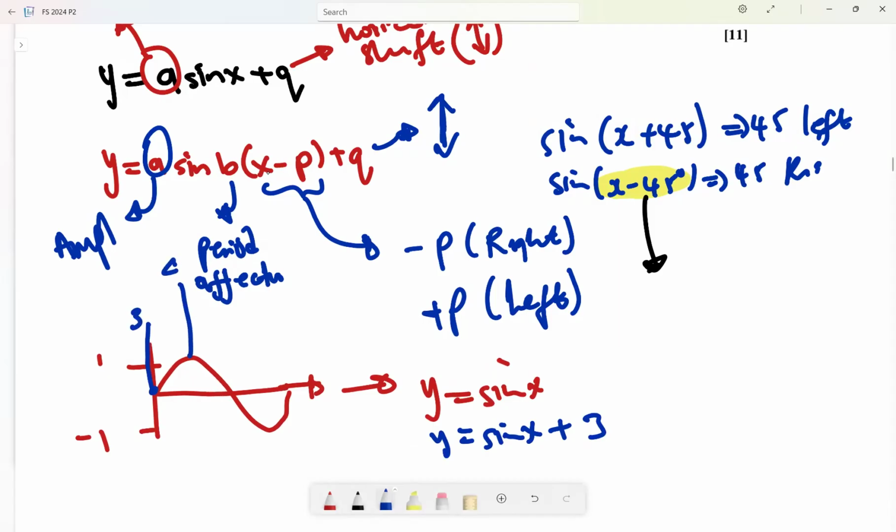This one is 1, it will move to 4. This one is 0, it will move to 3. This one is negative 1, when you add 3, it will move to 2. So it will be a new graph. It goes there, it comes back, it goes there, it comes back.